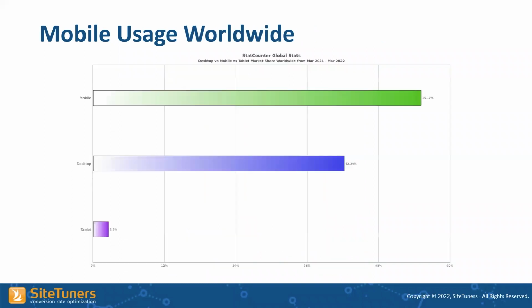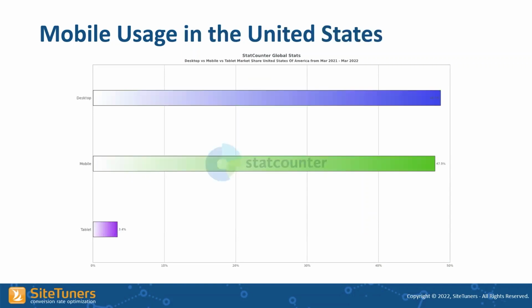So let's go a step further. When we look at mobile usage worldwide, all right, you can see that mobile now, and this is in the past month, has outperformed, excuse me, desktop usage, right? And that's worldwide. But in the United States, desktop is slightly ahead of mobile. Again, this is last month. So we then have to ask ourselves, well, why is it different?